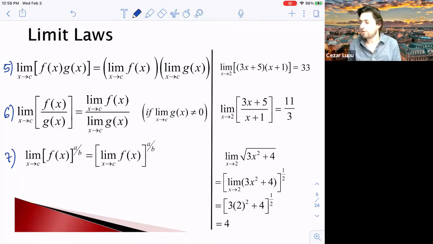In other words, the first one says that the limit of the product is the product of the limits. So the limit as x approaches c of f of x times g of x is the limit as x approaches c of f of x, times, because we have a product now, the limit as x approaches c of g of x. So the limit of the product is the product of the limits, once again.